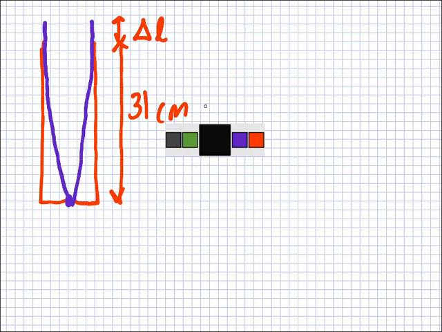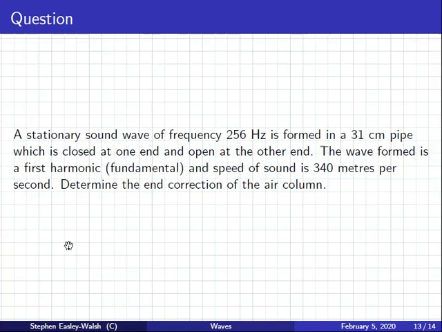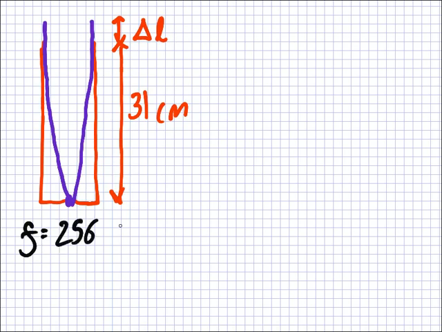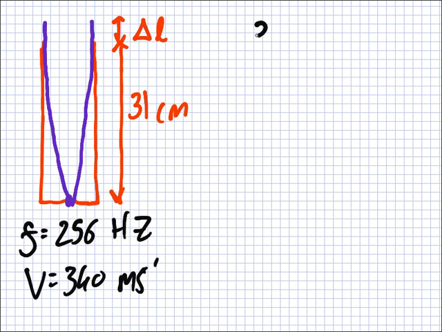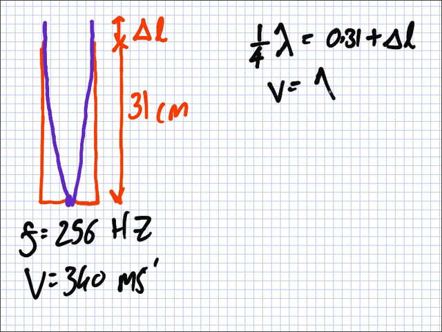Yeah? And also the frequency here is 256 Hertz, and the speed of the sound is 340 meters per second. So we can say 1/4 of the wavelength is equal to 0.31 plus delta L. Okay? We can also say V equals lambda F. Yes?